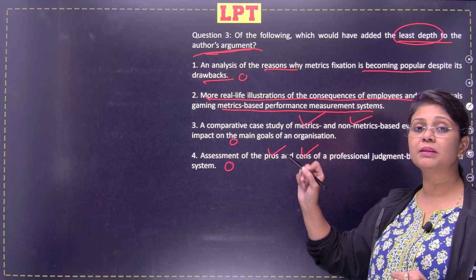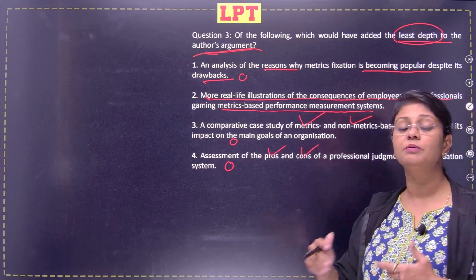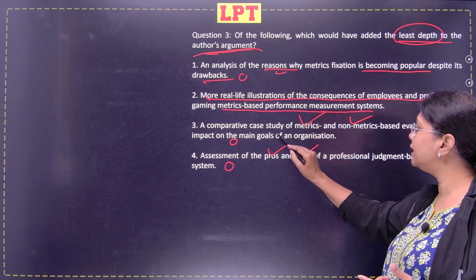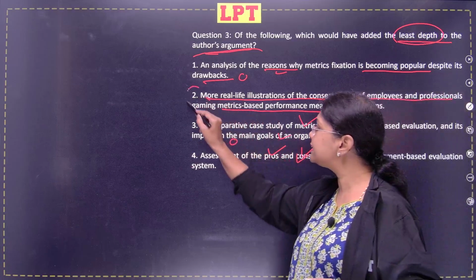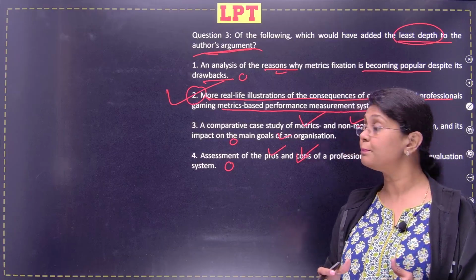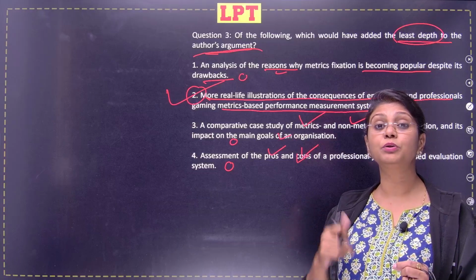So this is adding the least, because in the other options you at least have a mention of plus and minus. Here you have plus and minus, here you have plus and minus, here you have plus and minus. But the second one is simply about more real life examples of metric fixation consequences, and this does not talk about the cons of it.